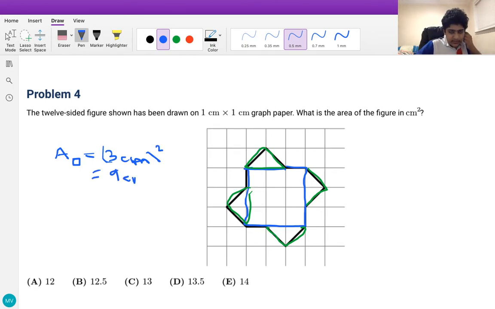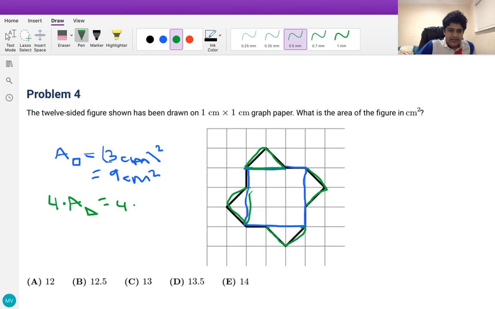Now, the area of 4 triangles is just 4 times the area of 1 triangle, since we know that the areas of each of the 4 triangles are going to be the same. So we have 4 times the area of the triangle, and each triangle, note, has a base of 2 and a height of 1.